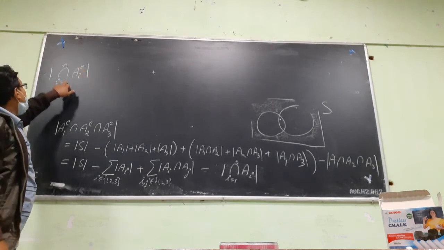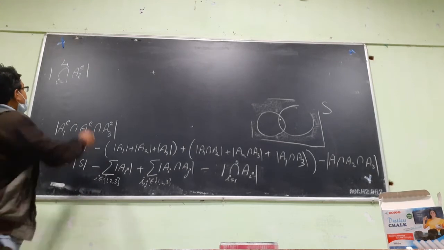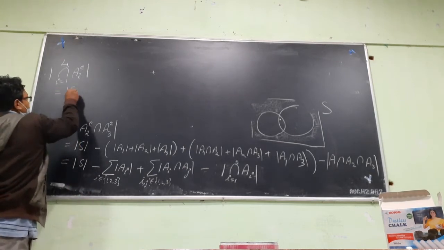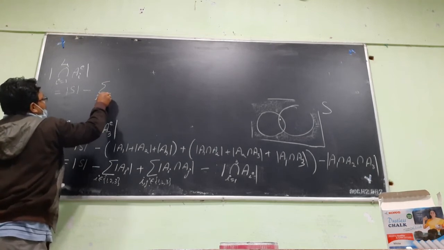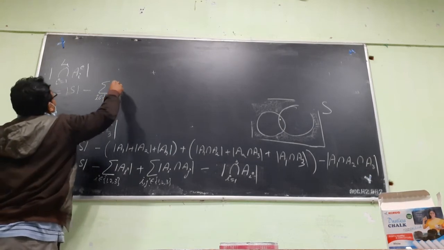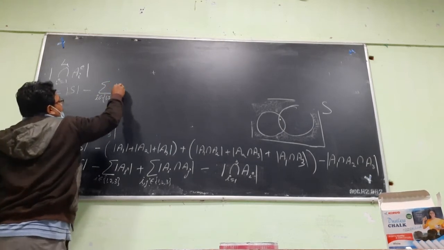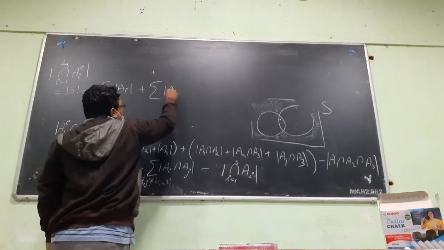I am considering only 4, so i goes from 1 to 4. This will be the number of elements of S minus the summation, i goes from 1 to 4, of mod of Ai, then plus the summation where it will be 2 at a time.